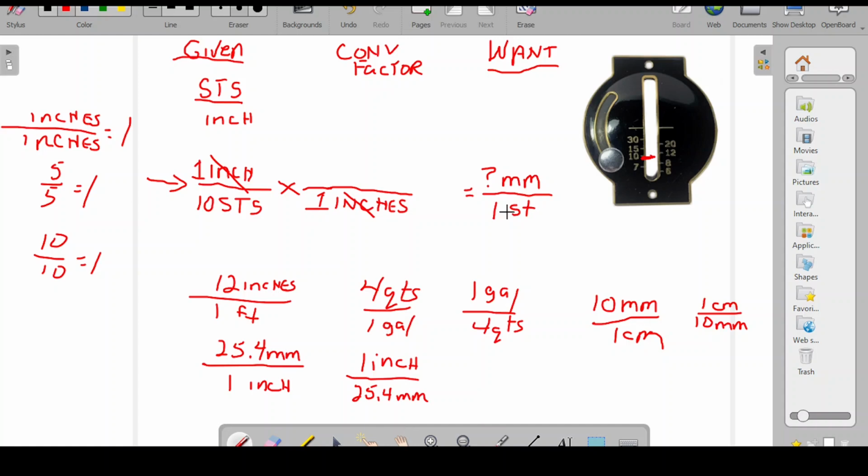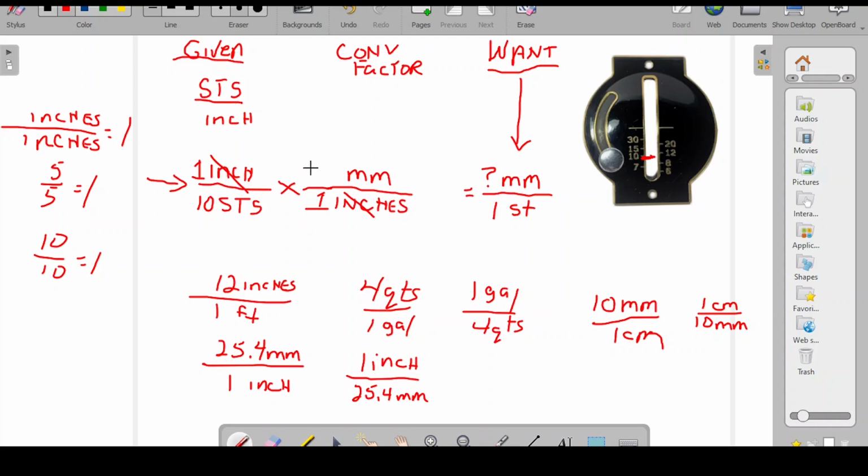Well, since we want to keep millimeters, that's what we want, is millimeters per 1 stitch. We already have stitch here in the denominator. We want millimeters up here in the numerator. So let's put it up here, and let's use this conversion factor.